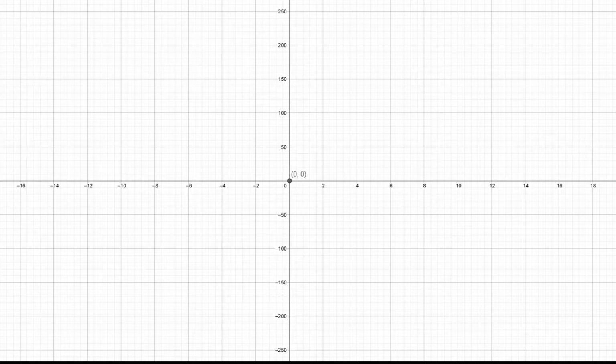So let's plot a few of those points. As expected, we're going to get some sort of curve which increases very rapidly. There's no need for us to restrict ourselves only to positive values of x. We can also investigate what happens for negative values of x. In every case, the magnitude of the y coordinate will be the same, but for negative values of x we will get a negative value of y.